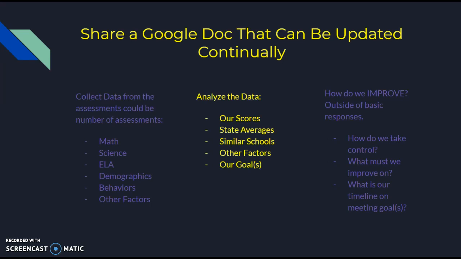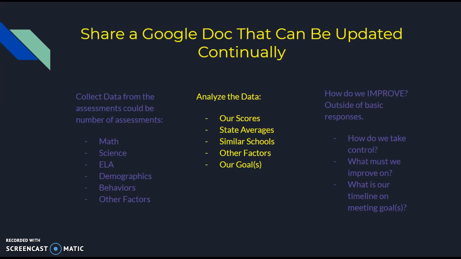As far as timeline on meeting goals, that's something that has to be decided by, I think, your departments, whether it's English or math or social studies or science or whatever the case, needs to be decided on by them. And then with maybe some input from the administration. The administration needs to be involved in all of this as well.